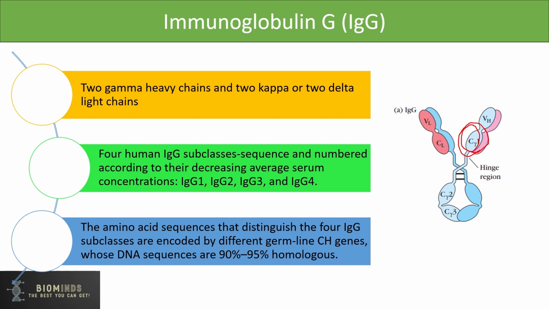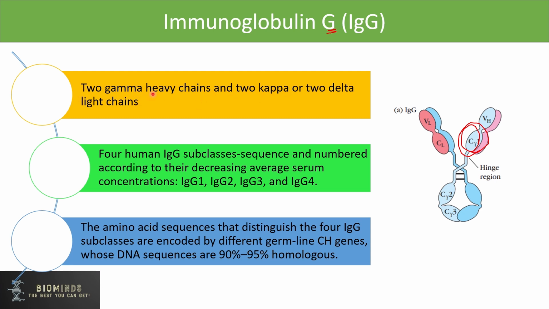So gamma, that's why it's a G. For A, it's alpha. For M, it's mu. For E, it's epsilon. For D, it's delta. For G, it's gamma. This is the type of heavy chain that IgG requires, in the constant region, which varies in every antibody. We will also have detailed lectures on that, so stay tuned for that.